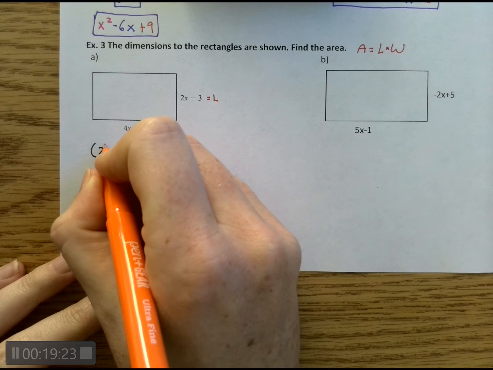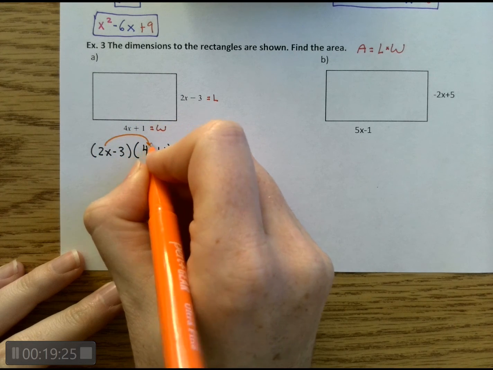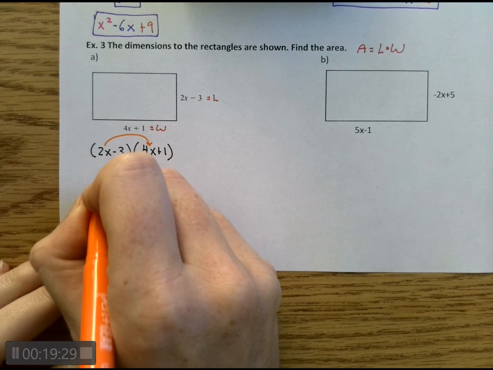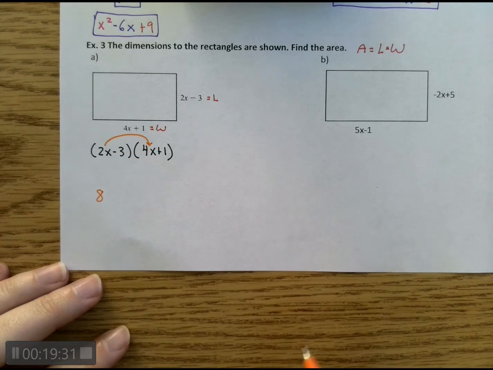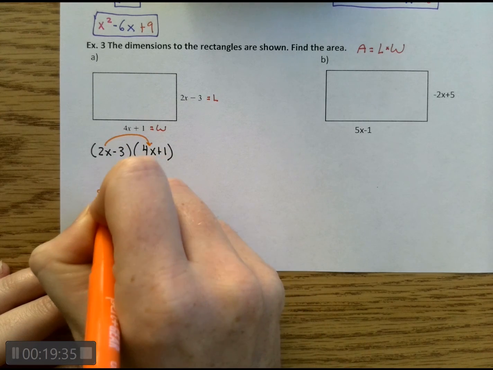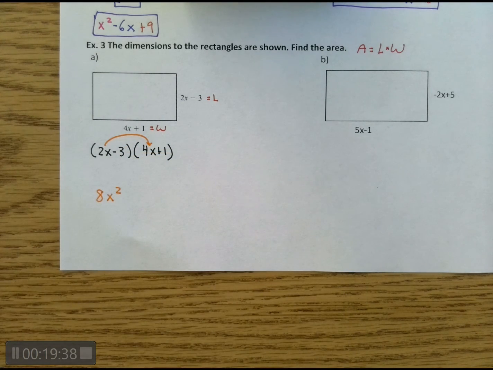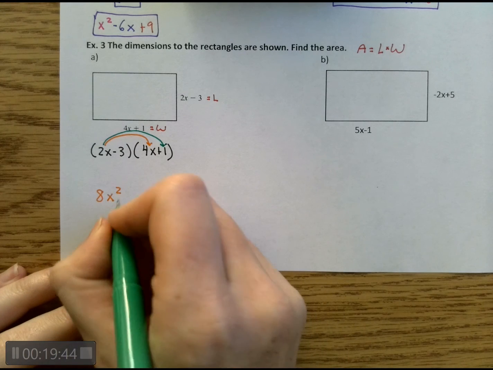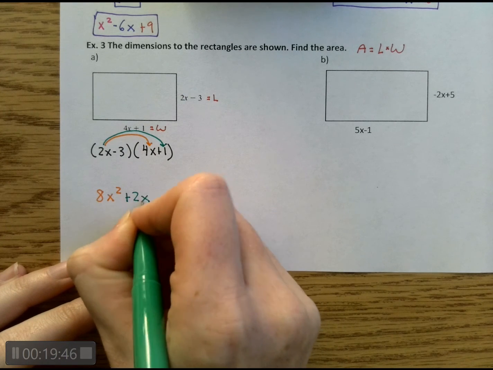Alright, so I'm going to have 2x times 4x. 2 times 4 will give me 8. And then count your x's. 1, 2. So that gives us x squared. And then 2x times 1 will leave us with 2x.